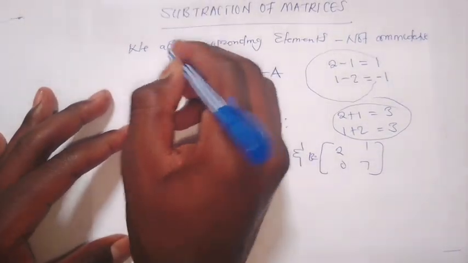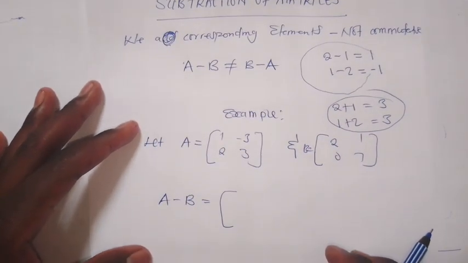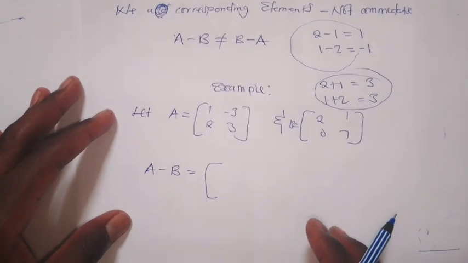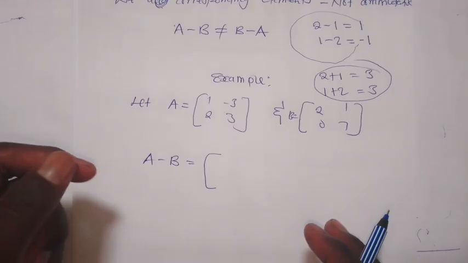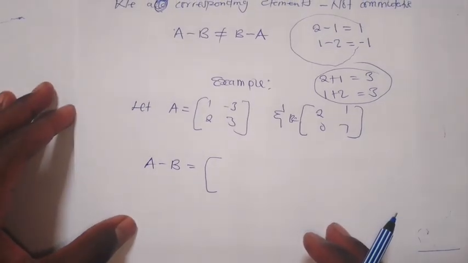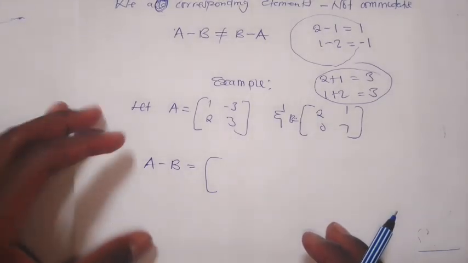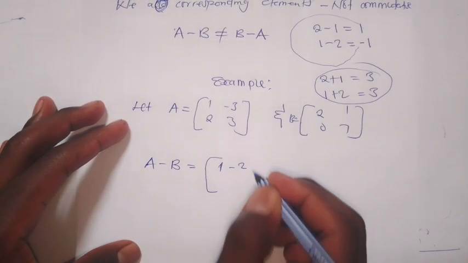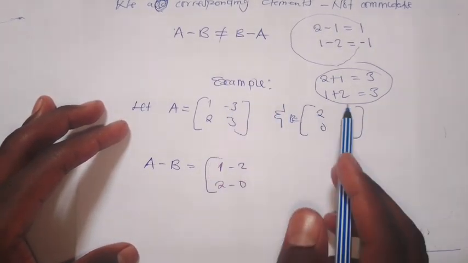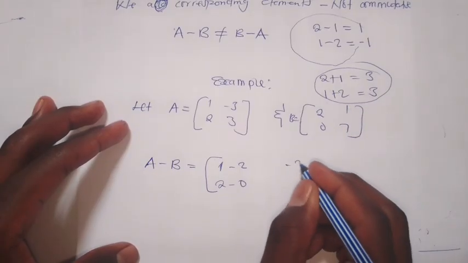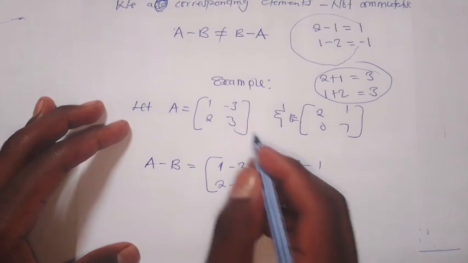We subtract the corresponding elements. The same way we were adding, we subtract the corresponding elements. So where we were adding, here we are subtracting. So 1 minus 2, 2 minus 0, negative 3 minus 1, 3 minus 7.